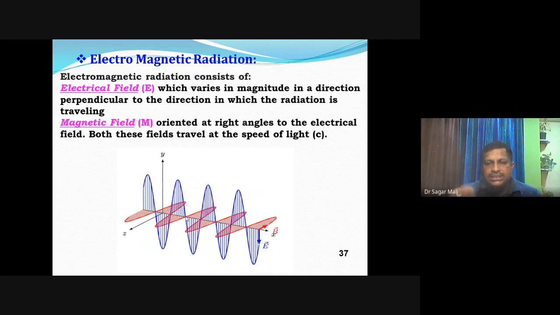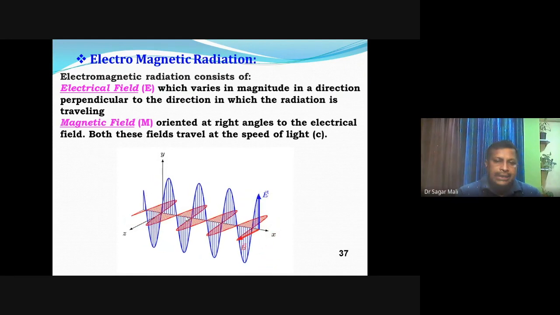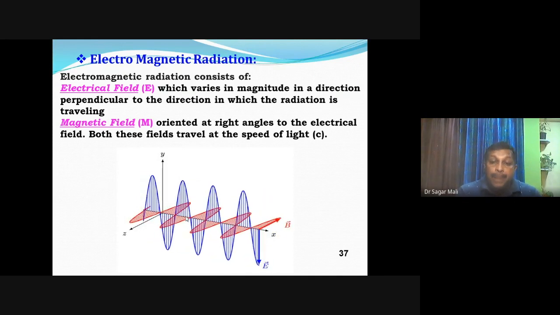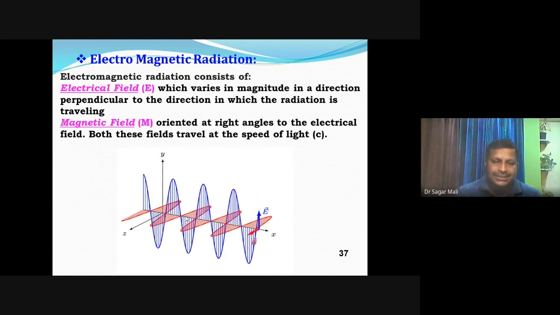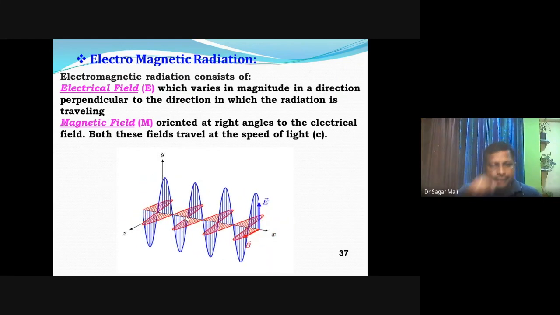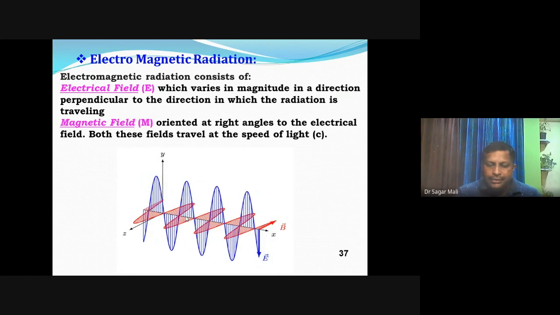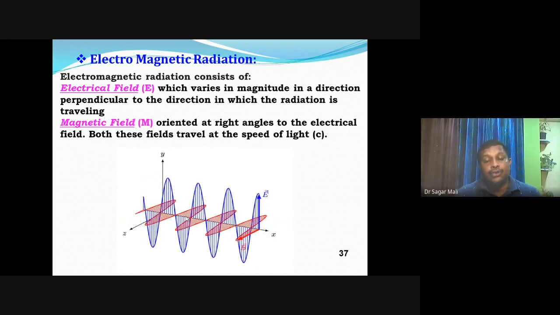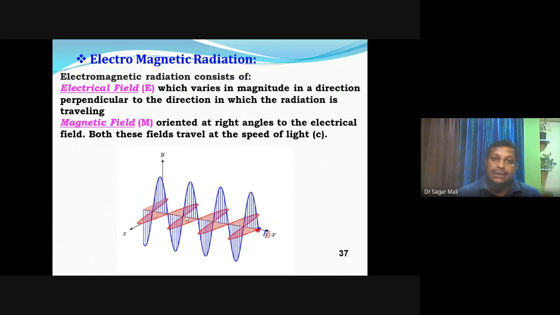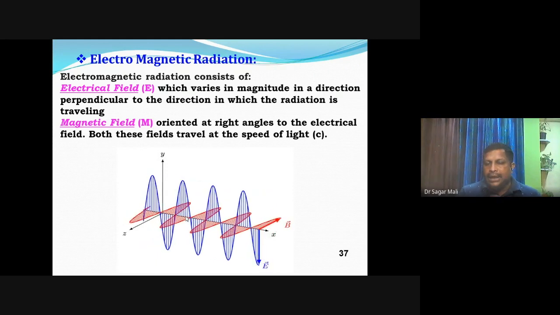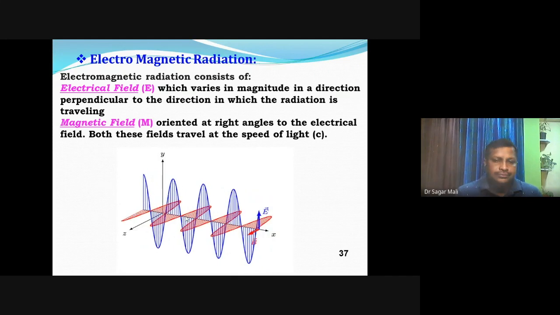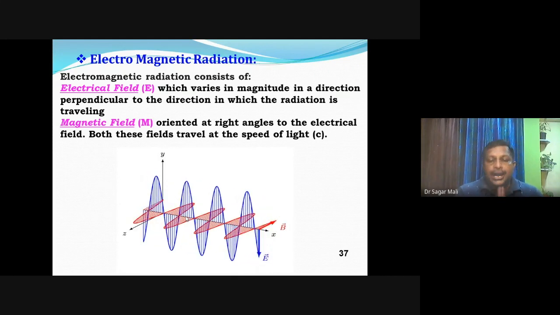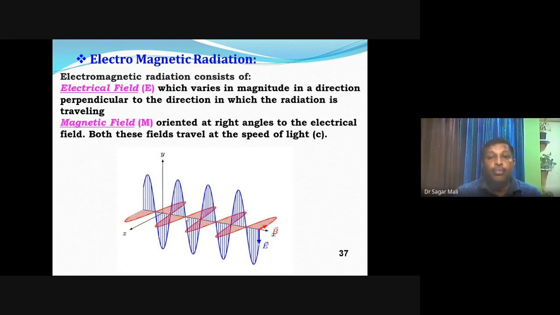Because of the frequency of the electric waves, they create magnetic fields which travel perpendicular to the electric fields. So there are electric waves, and perpendicular to them another field is created, called magnetic waves or the magnetic field, and they travel synchronously. They are synchronized with each other, and that's why this energy, this radiation, is called electromagnetic radiation.